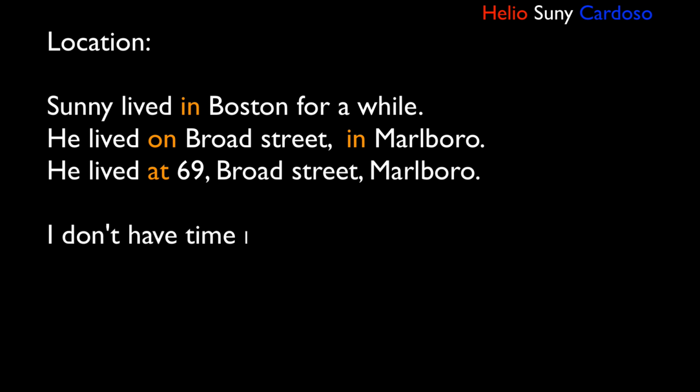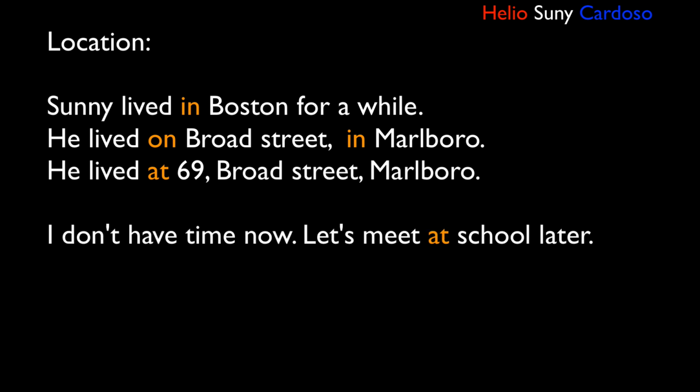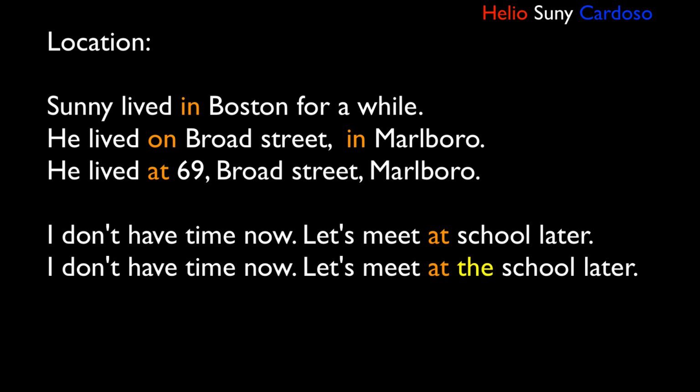I don't have time now. Let's meet at school later. That sentence implies that these two people go to the same school for the purpose of learning. When you say, I don't have time now, let's meet at the school later, the school here is only a point of reference. They may be students there, they may be teachers there, maybe not.